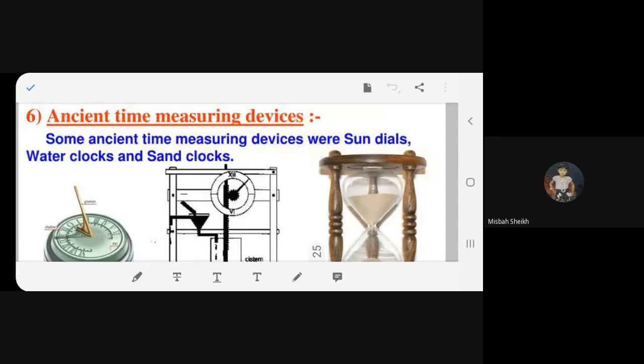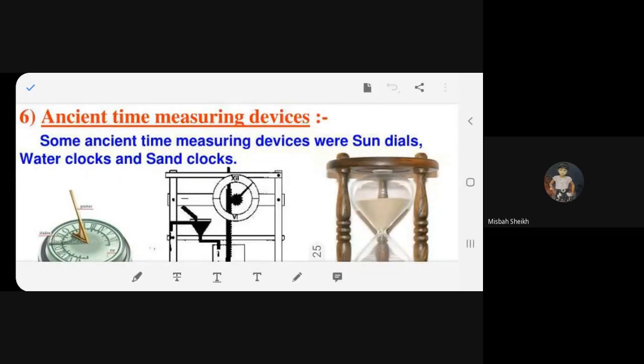Now we will see how people used to measure time, how people used to find out the time, because they did not have a watch or clock or anything of that sort. Ancient time measuring devices.